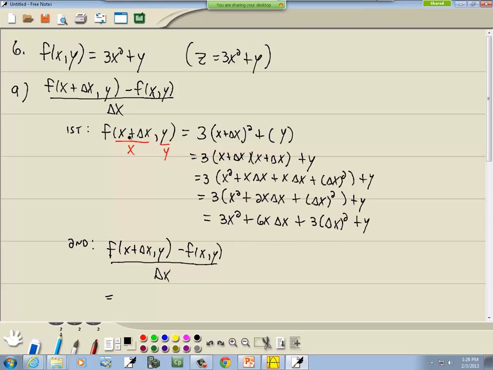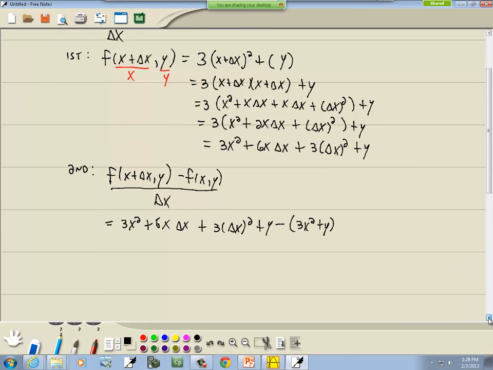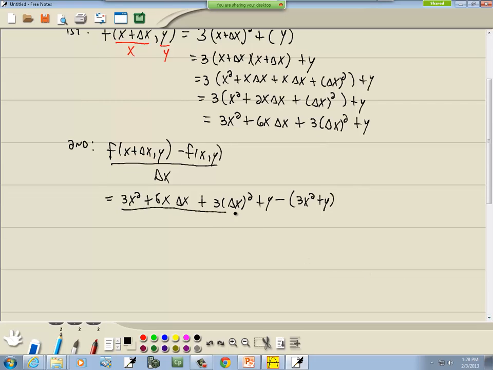Well, this is our f of x plus delta x, y, so we're going to put in 3x squared plus 6x delta x plus 3 delta x squared plus y, minus f of x y, which was 3x squared plus y. And I'll put parentheses around it because that minus has to flip the sign of both of those, over delta x. This formula probably looks familiar if you've worked with the limit definition before for the derivative.